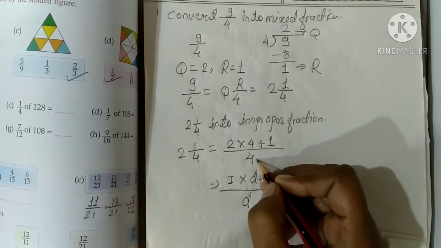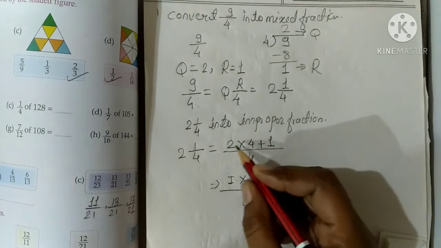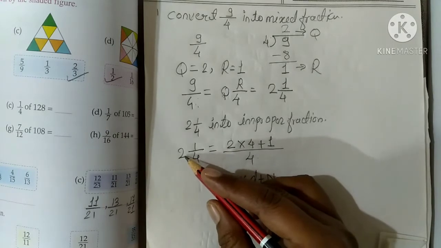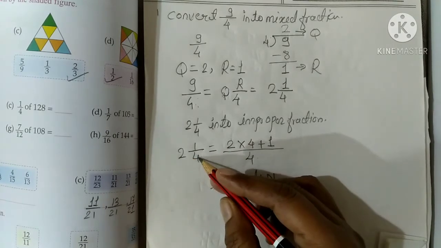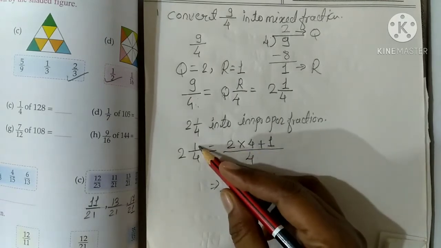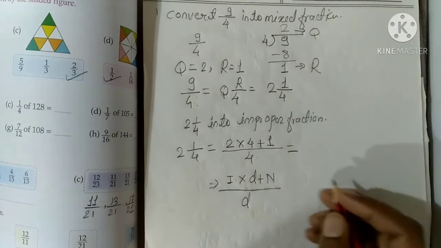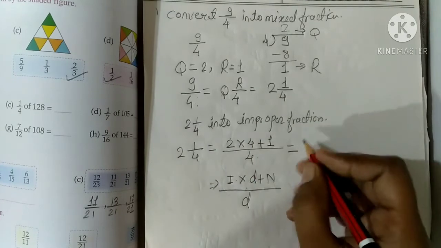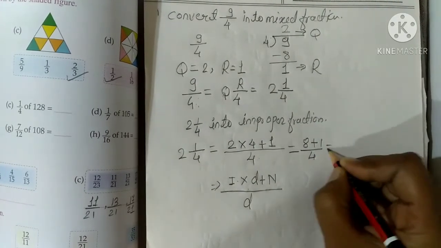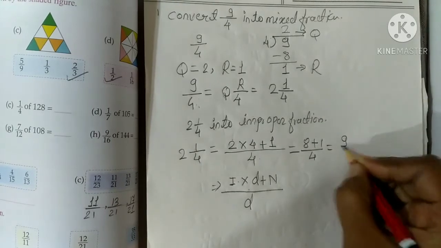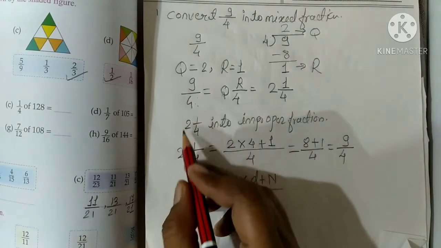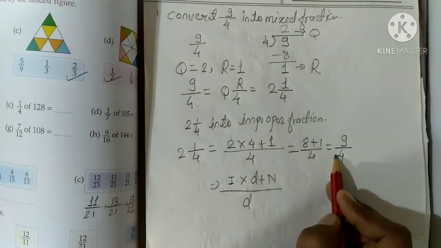I will write the formula here also. So we write the denominator as it is, then at the numerator we multiply the integral part with the denominator and add the numerator. After solving this, 2 4s are 8 plus 1 upon 4. So 8 plus 1 is equal to 9, divided by 4. So we will get the improper fraction.